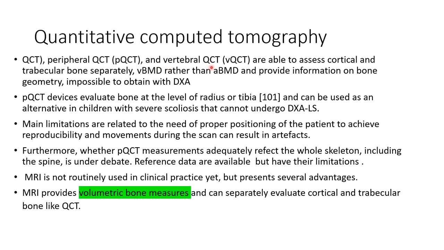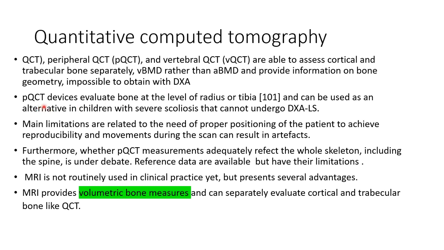Quantitative CT, vertebral QCT and peripheral QCT, are able to assess the cortical and trabecular bone separately, and volumetric bone mineral density rather than areal BMD may provide information on the bone geometry impossible to obtain with DEXA.